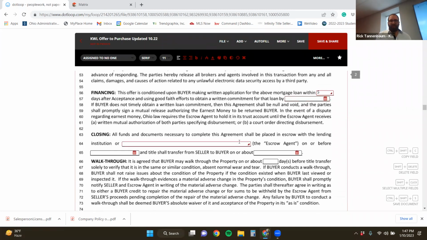Closing. So first line, we're going to pick our title company who's going to hold all the escrow funds. Ohio Real Title, we're going to write in there whoever we're going to use as the escrow agent, and the funds will be deposited on or before.